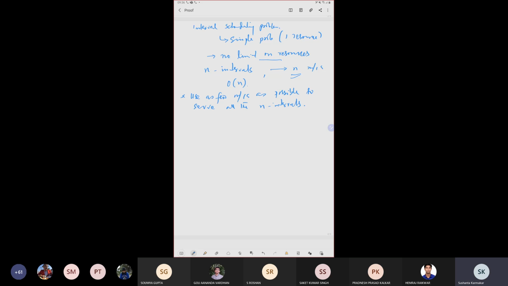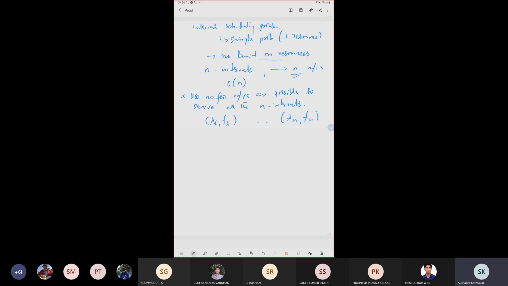This is the next objective. So you have n intervals. See, earlier, what was the problem? The problem was a single machine, n intervals. Remember, each interval is of the form Si, Fi, and there are n such intervals.